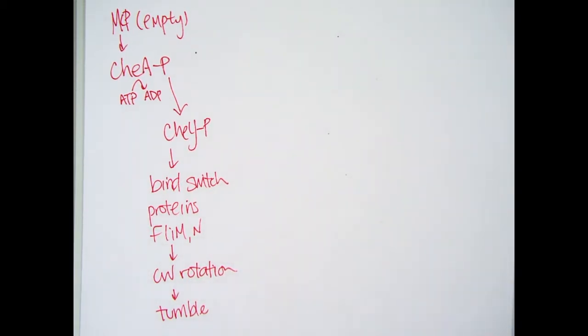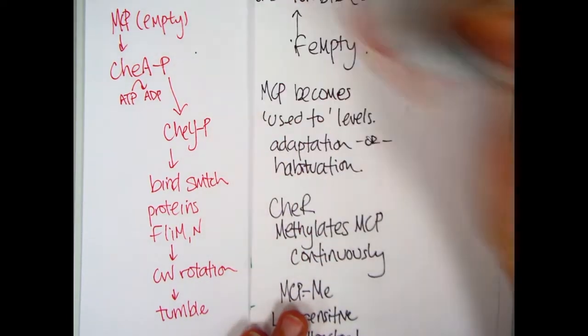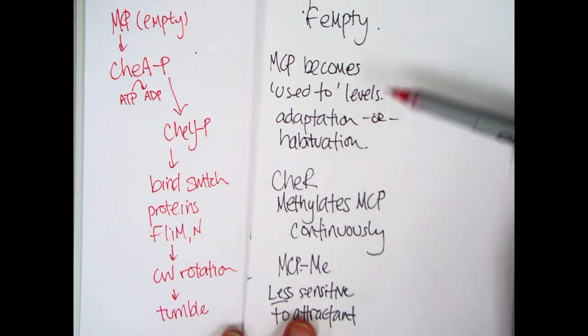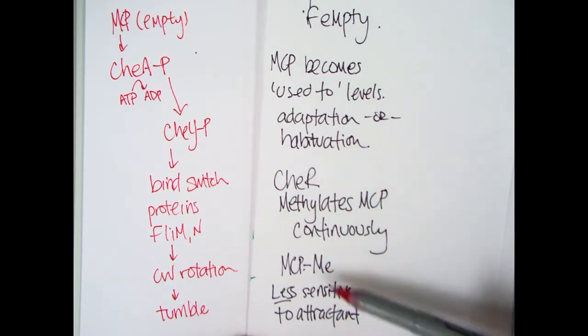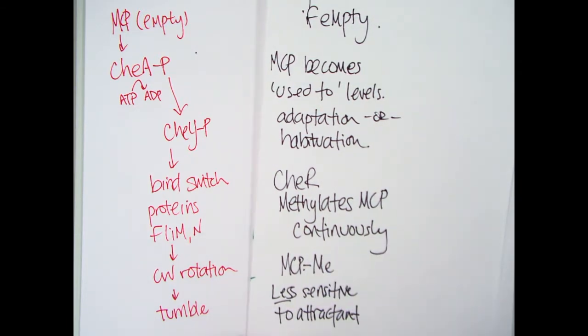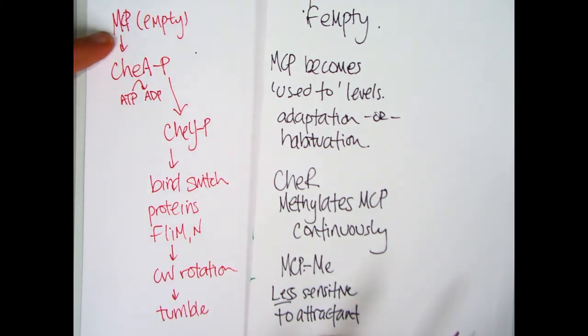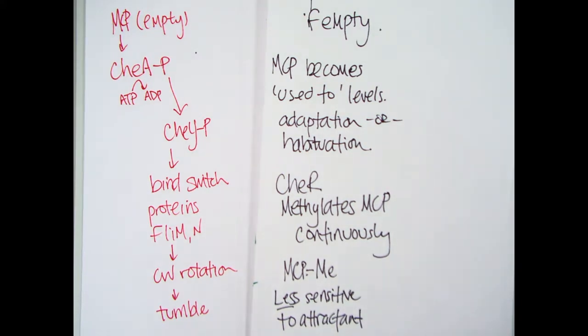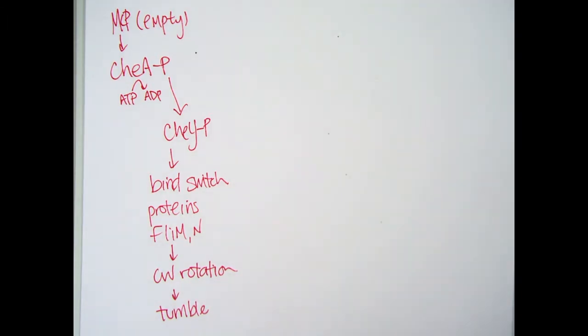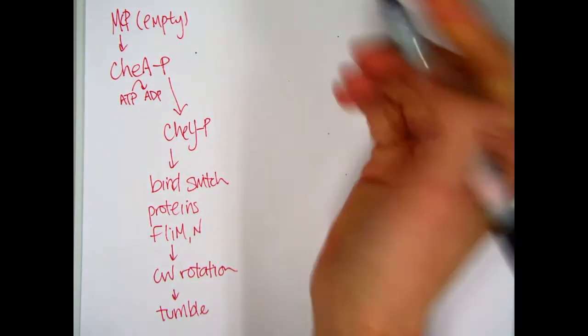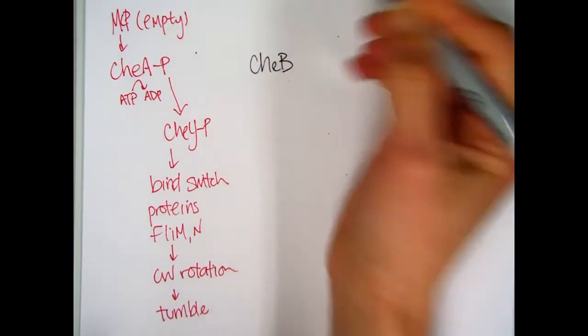Do you guys remember from briefly ago, when we have the methylated MCP, that MCP is less sensitive to the attractant. So if we are in a tumble situation because the MCP is empty, how is the cell to be sure that there's really nothing to eat there and that it just can't detect the attractant because it's really low? That is where another protein comes in, CheB.